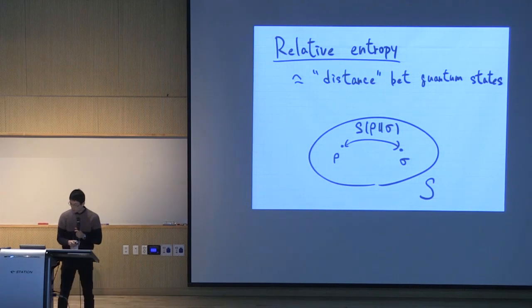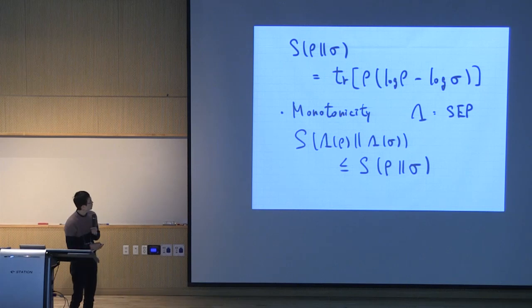But this is not a complete distance because, by definition, given two states rho and sigma, it is defined in this way, and apparently it's not symmetric with respect to the exchange of rho and sigma. So it does not satisfy the axiom of distance. But it has several very nice properties.